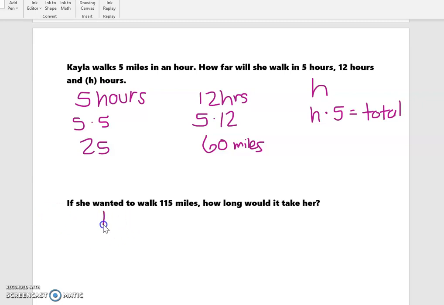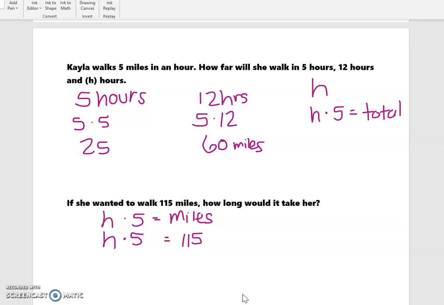So if I take the equation h times 5 is equal to, in this problem, the total number of miles, I'm going to replace the piece that I do know, so I know the number of miles, so I will put 115 by itself. And I'm now going to try to figure out how many hours that takes.